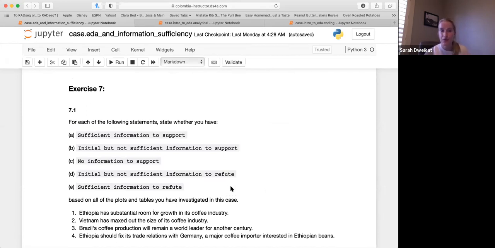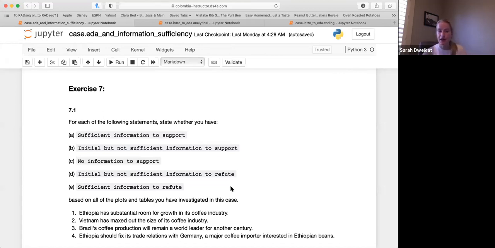We want to state whether we have A, sufficient information to support; B, initial but not sufficient information to support; C, no information to support; D, initial but not sufficient information to refute; or E, sufficient information to refute, which is just to reject. So we want to look at 4 separate statements.